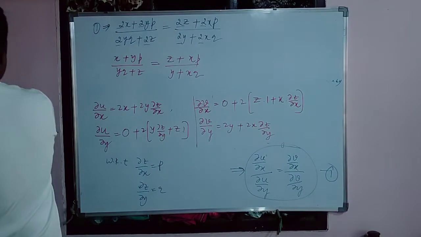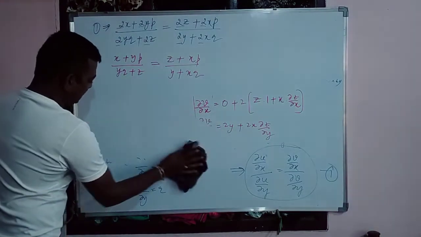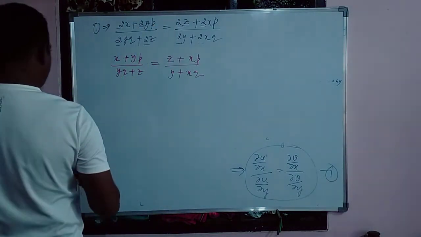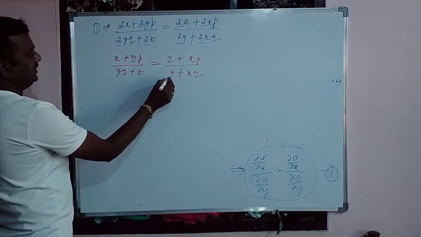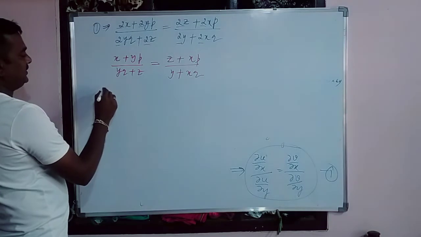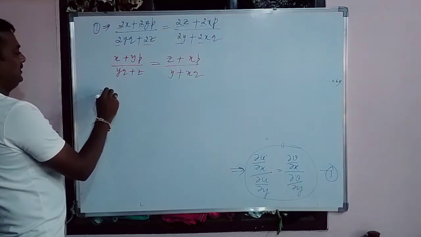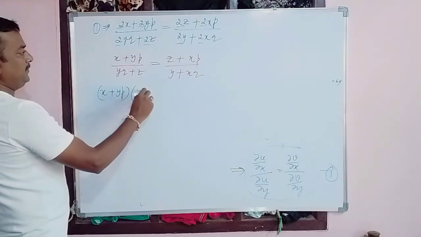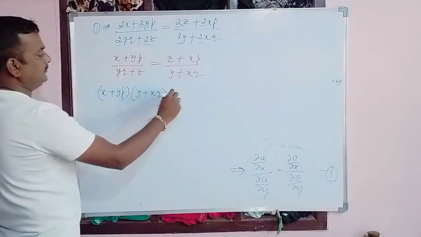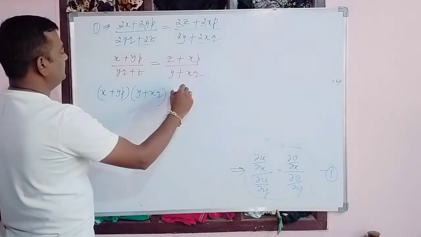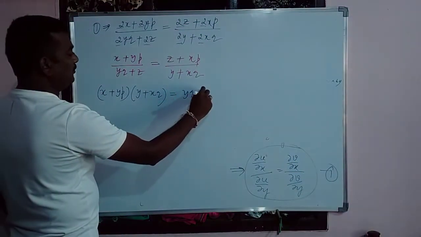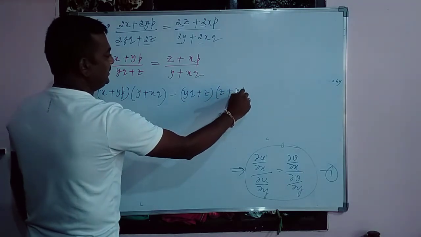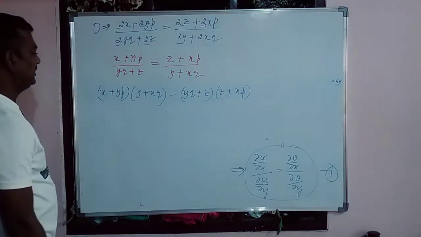Further, you can cross multiply to express it in a particular form. So cross multiply: x plus y p into y plus x q is equal to y q plus z into z plus x p.